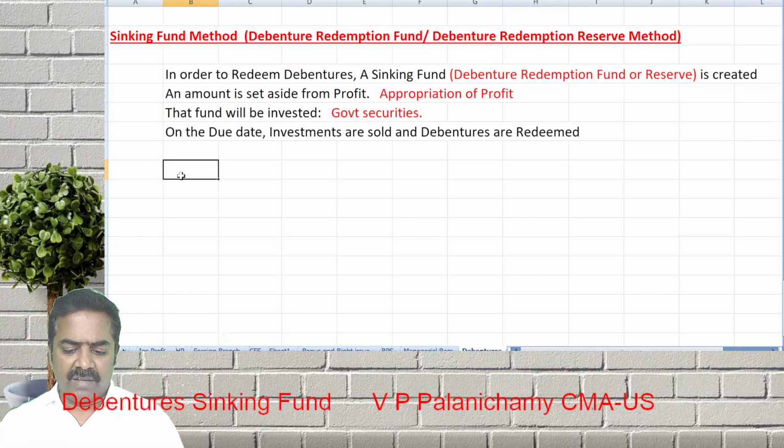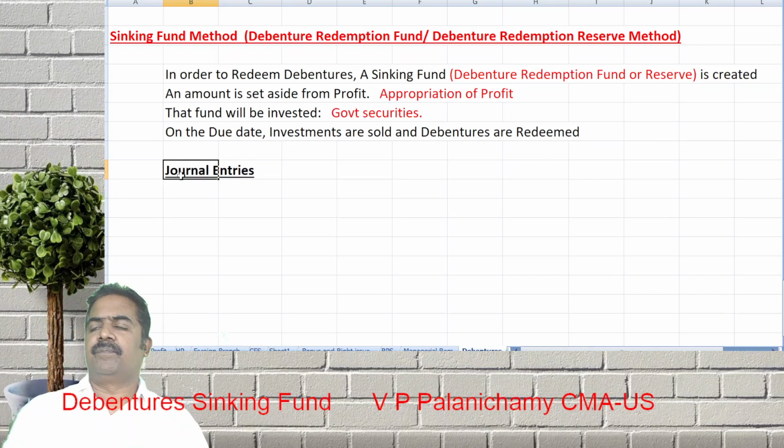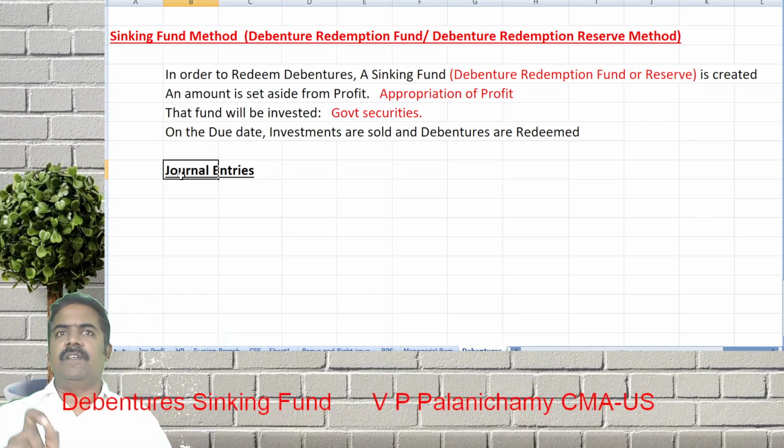Now, the journal entries. Journal entries begin from the beginning of the first year. Let's assume this year we issued debentures at the beginning of the year.